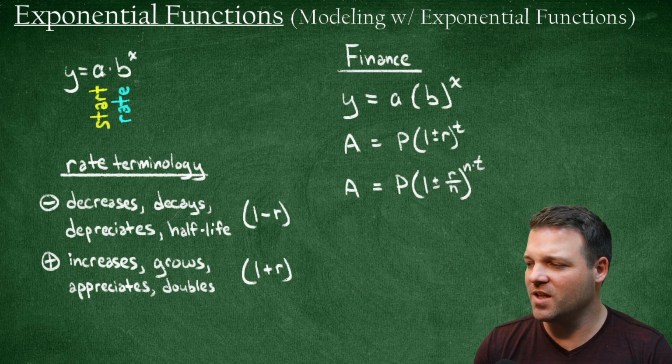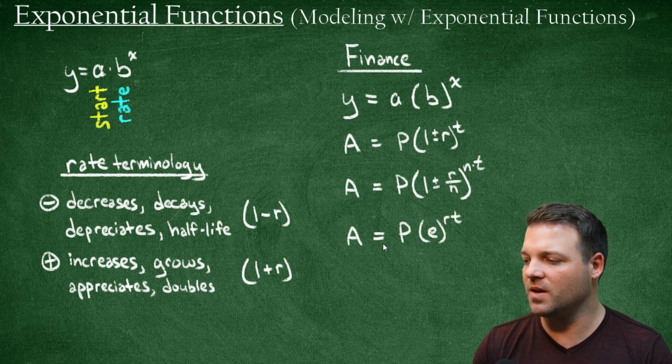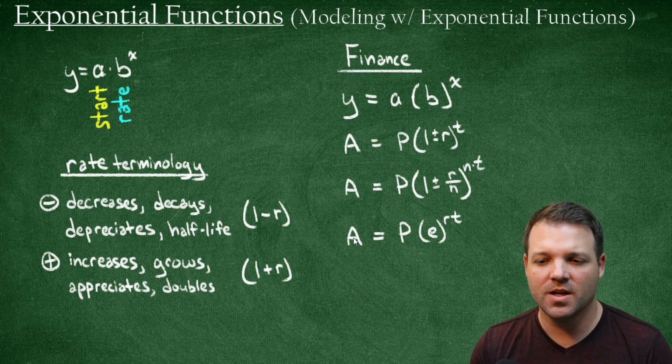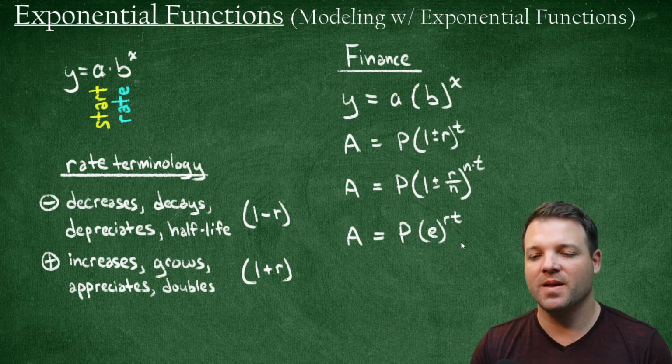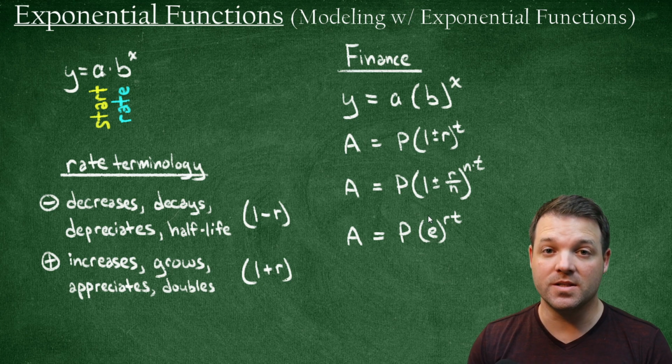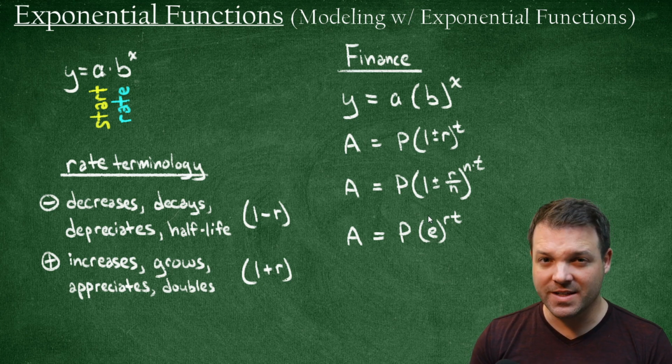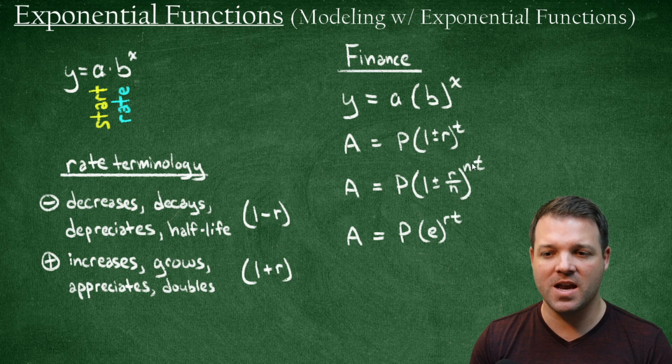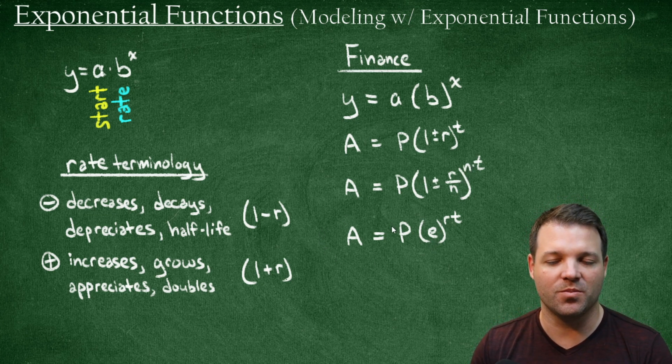And then finally, we have this other one, which is really derived from the compounding interest. It's commonly called PERT, because A is equal to P times e to the rt. This is actually derived from the previous one that we just covered, and this is if something is being compounded continuously, like at every instant in time, meaning as n approaches infinity, this is what you would end up with, which again, we will have a separate lesson covering.